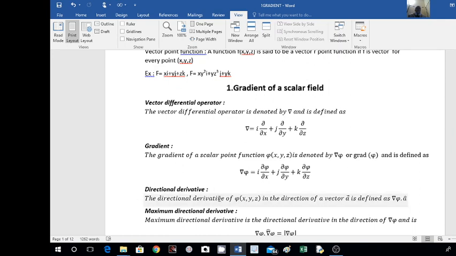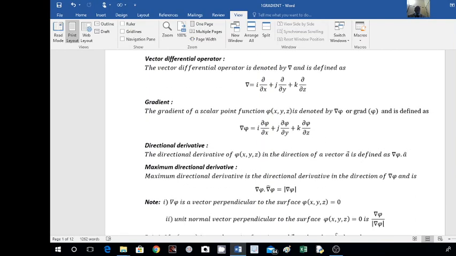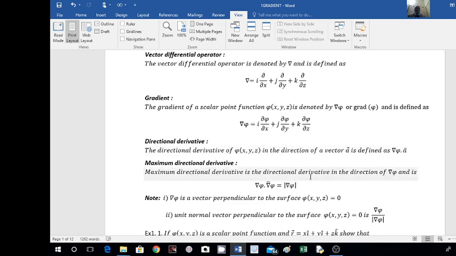The directional derivative of the scalar point function phi of x, y, z in the direction of a given vector A is defined as del phi dot unit vector A. This is the definition of directional derivative in the direction of A. The maximum directional derivative is in the direction of del phi itself, and it is defined as del phi dot unit vector del phi.